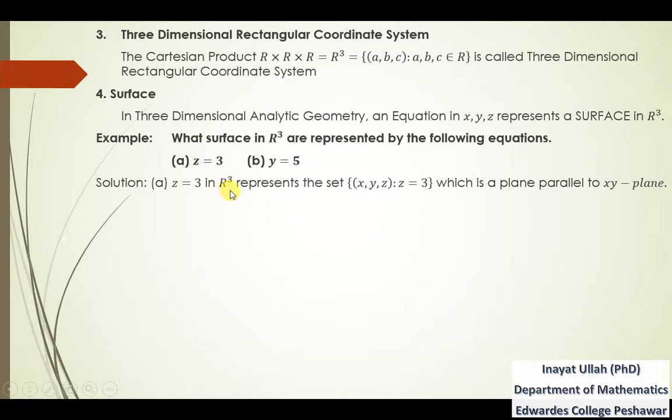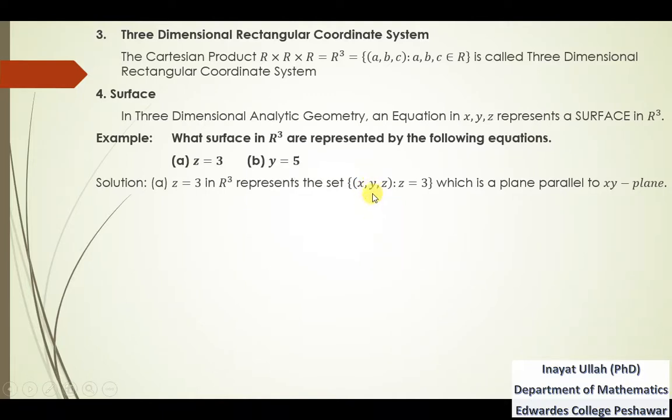So z is equal to 3 in R cube represents a set which is a plane parallel to the xy plane. Because z is fixed and x and y can be varied, there is actually a plane. A plane is made of two variables in an ordered triple, so this is a plane parallel to the xy plane.